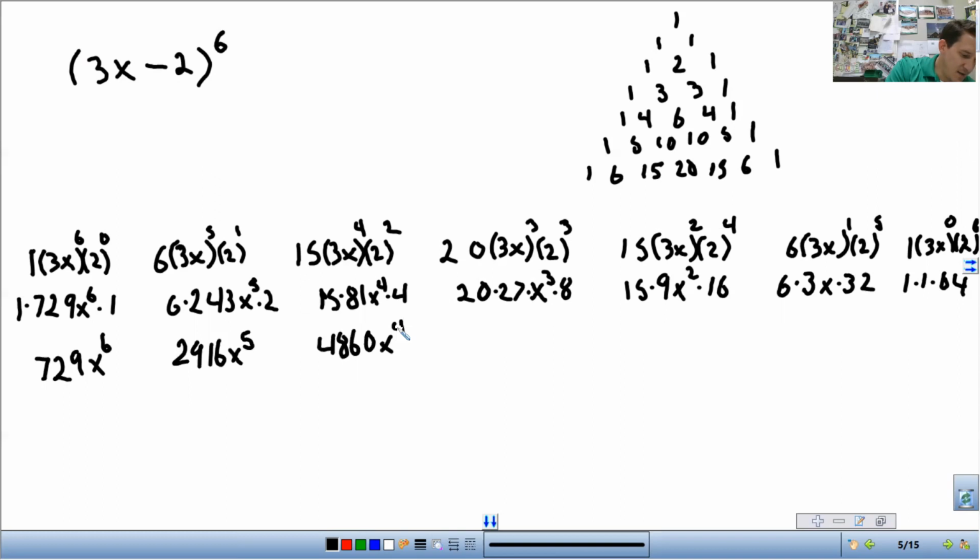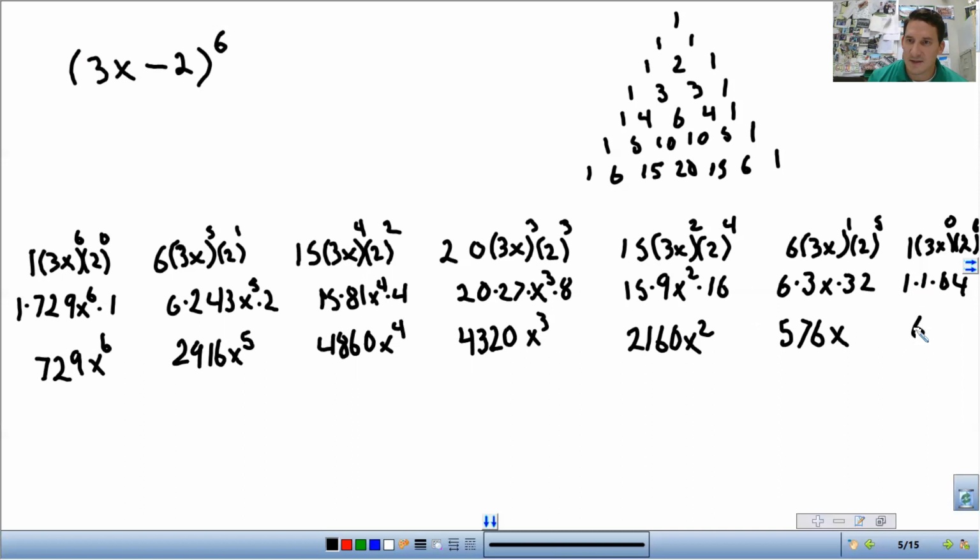And 20 times 27 times 8 is 4,320 x to the 3rd. And 15 times 9 times 16 is 2,160 x squared. And then 6 times 3 times 32 is 576 x. And then 1 times 1 times 64 is 64.